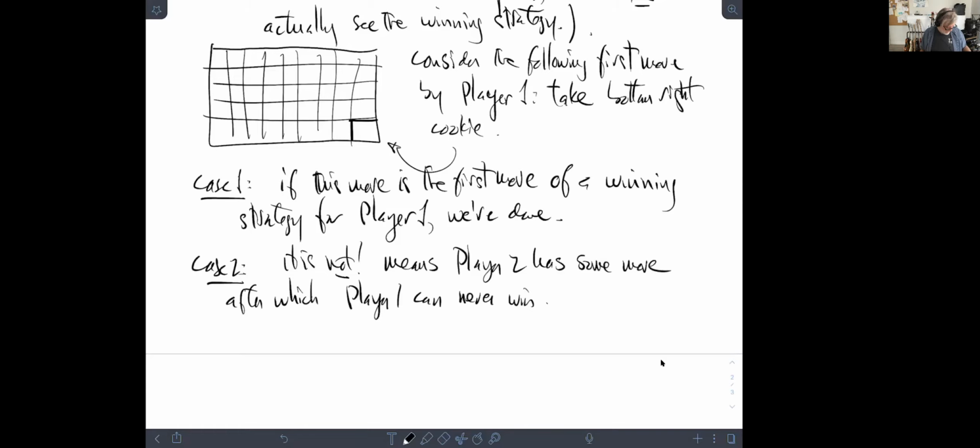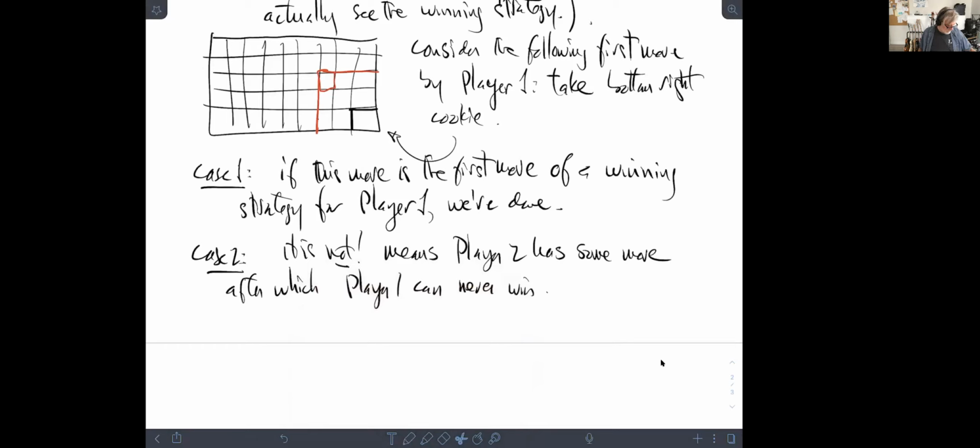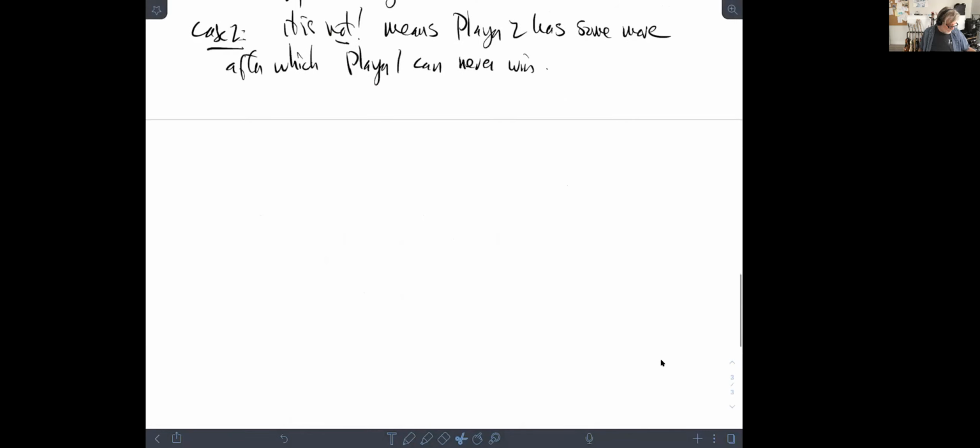This move is selecting some square somewhere, let's say here, right? Or it could be here, but at any rate, it will cover that bottom right square, right? Any move by player two. So that's an important observation. So let me copy this here. And let's move here.